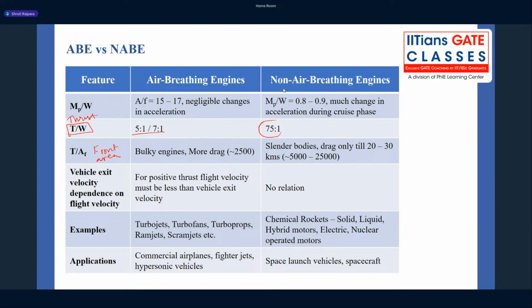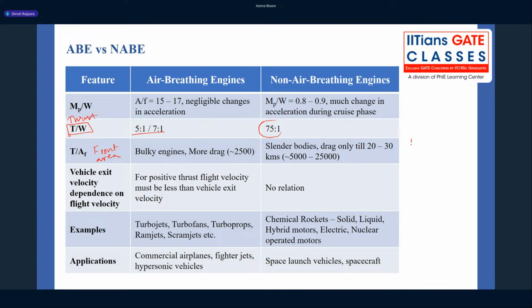If you compare with the rocket, these air breathing engines are very bulky in nature because they have to consume a lot of atmospheric air. So in order to intake more air, they require a large frontal area. Whereas rockets don't have any sort of intake, so they are very slender bodies.